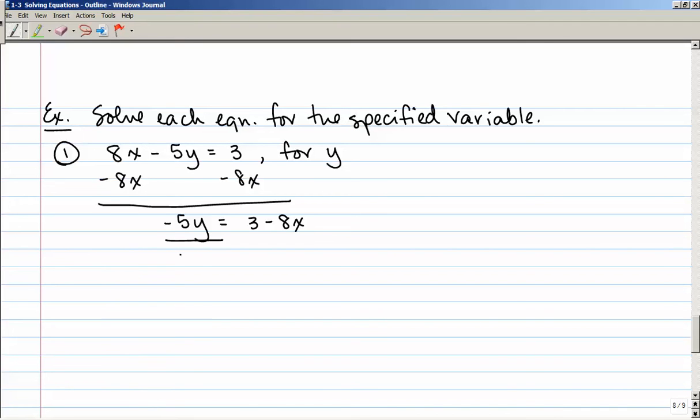Now if I divide both sides by negative 5, it's not actually going in very nicely, so I'm just going to leave it like that. So y is equal to 3 minus 8x all over 5. Or if you switched it around, you could say y equals negative 8x plus 3 over 5. But this is okay like this.